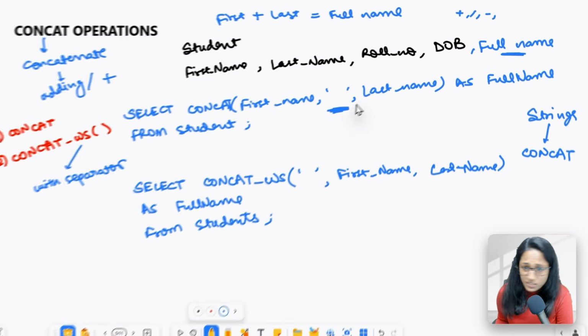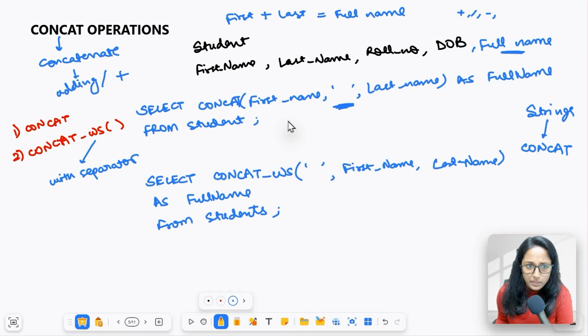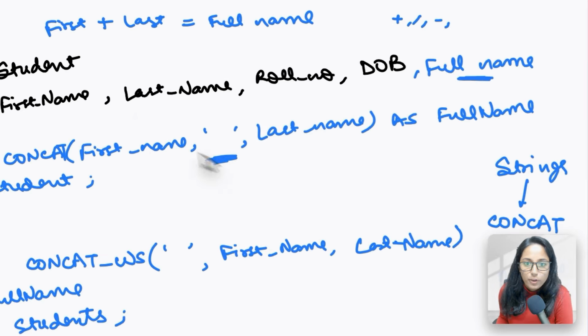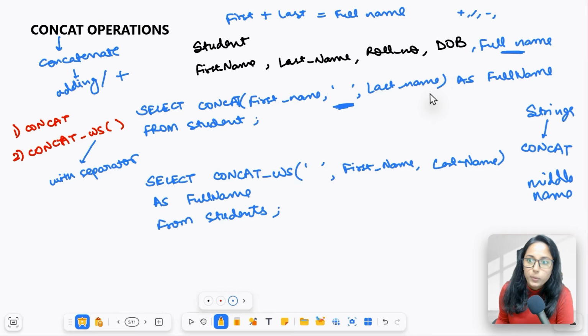So these two are absolutely the same. It's just that while writing a query, we do have an advantage. For example, if my name is pretty huge, and tomorrow I also get a middle name, then for the very first case, I have to again put a comma, put single quotes, middle name, last name, like that: first name, middle name, last name. But if I use concat_ws, then I only need to specify first name, middle name, and last name.